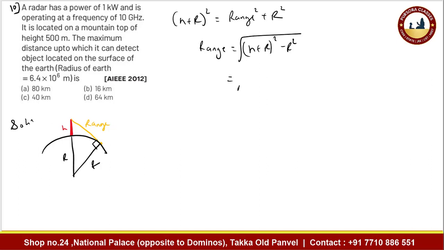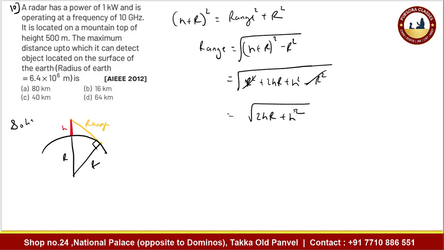So this is a plus b the whole square: r square plus 2hr plus h square, minus r square. So r square gets cancelled. So we have 2hr plus h square. Now since h is very small compared to r, h square is neglected. So we will have range as under root 2hr.